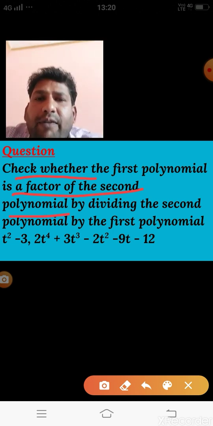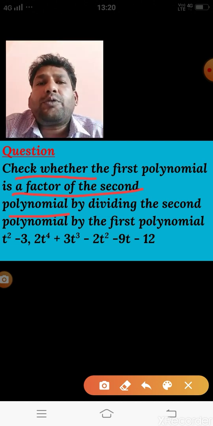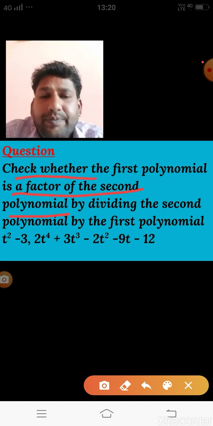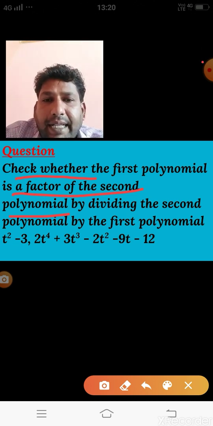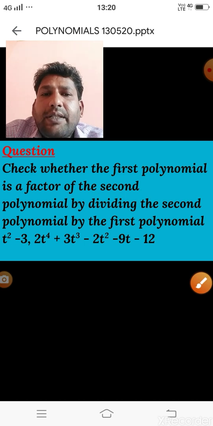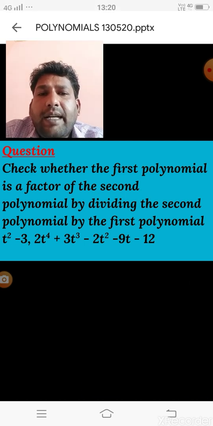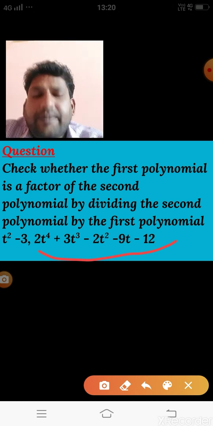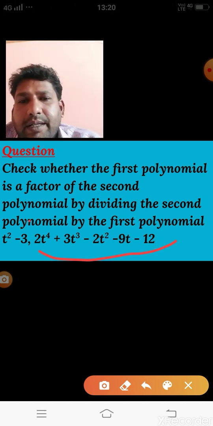For a factor, we know that we divide the two polynomials, and if we get the remainder as 0, it means that yes, the given polynomial is a factor of the other one.